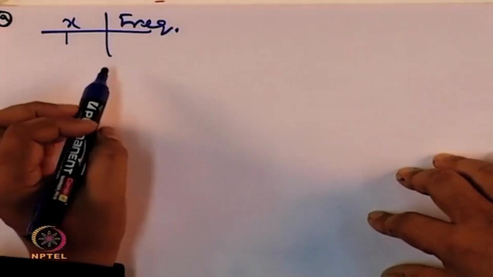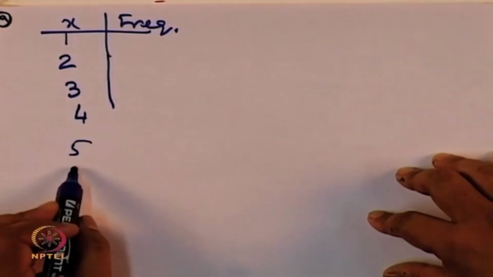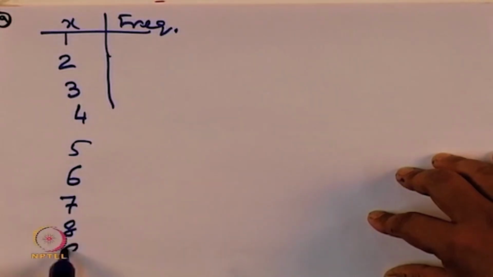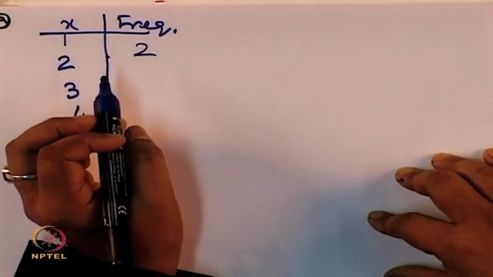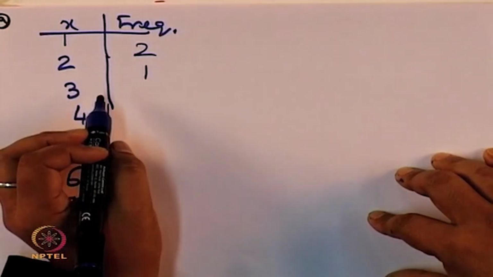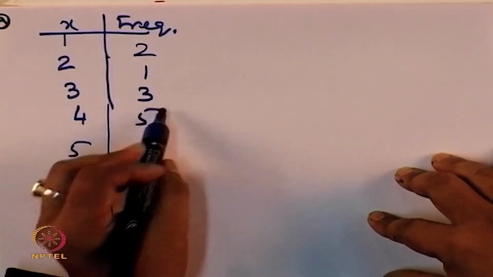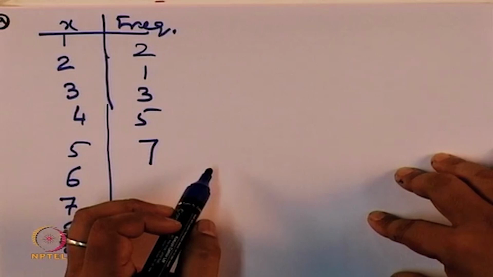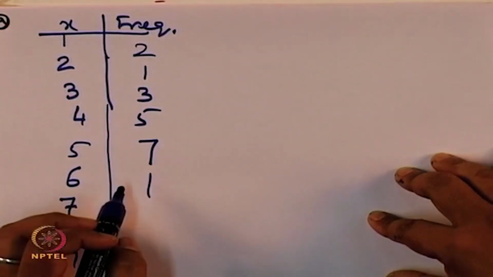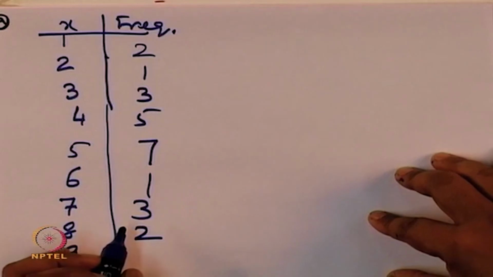So number of visits: 1, 2, 3, 4, 5, 6, 7, 8, 9. The frequency for 1 is 2, for 2 is 1, for 3 is 1, for 4 is 1, for 5 is 7, for 6 is 1, for 7 is 1, for 8 is 1, and for 9 is 1.